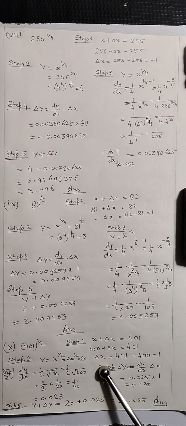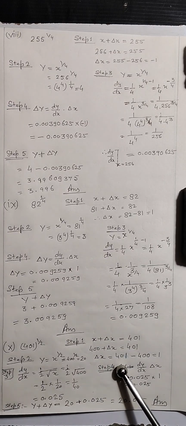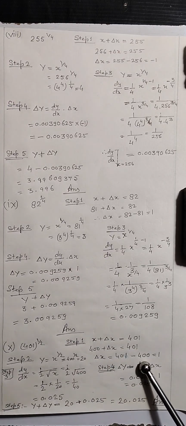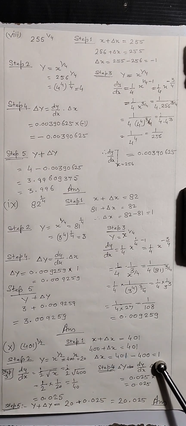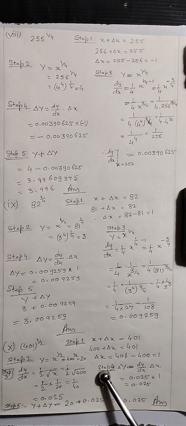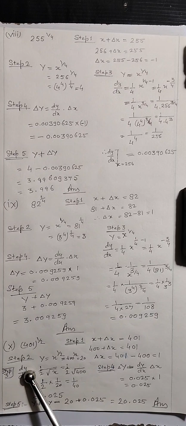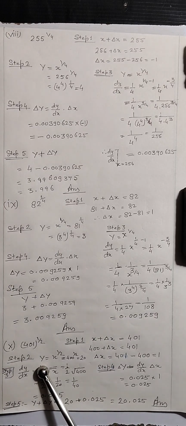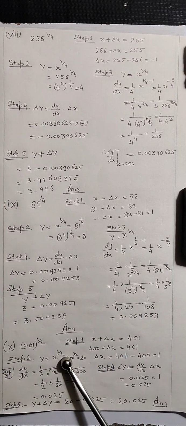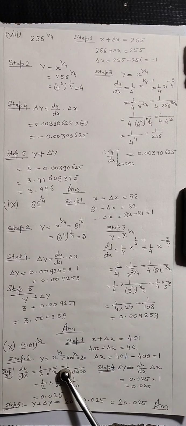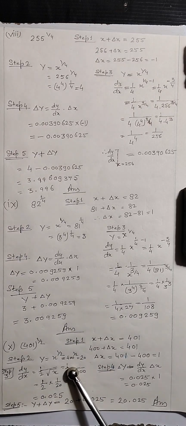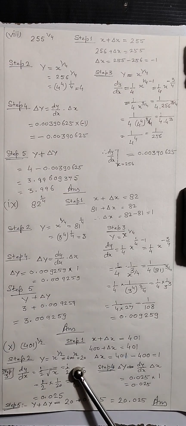So delta x is equal to 401 minus 400, and it will be equal to 1. Now proceed to step 2, that is y is equal to x raised to power 1 by 2. So it will be equal to 400 raised to power 1 by 2, that is 20.